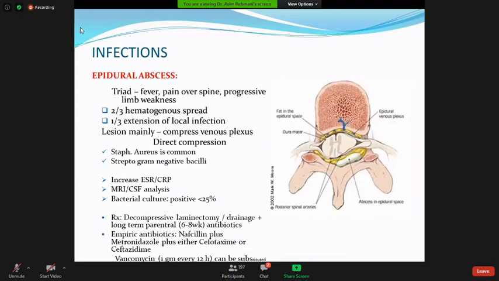Of these epidural abscesses, two-thirds are hematogenous, while one-third have a local spread. The main culprit is Staph aureus, followed by gram-negative bacilli.